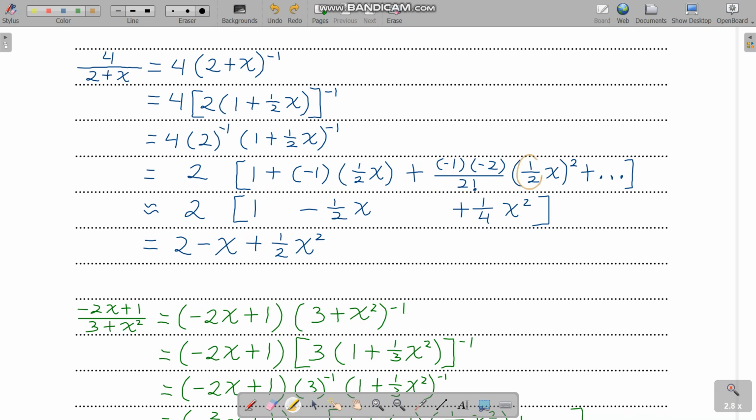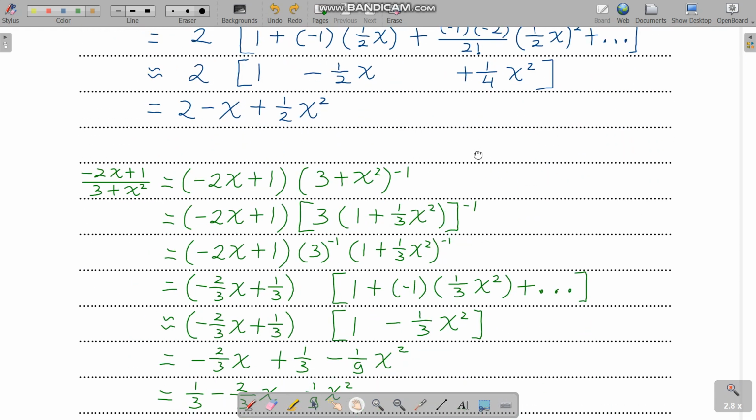Remember that this 1/2 is also squared, so 1/2 squared is 1/4 times all this, we get plus 1/4, and of course the x is also squared. And then we simplify. 2 times 1 is 2, 2 times minus 1/2 x, 2 times 1/4 x squared. We have this in the simplest form.